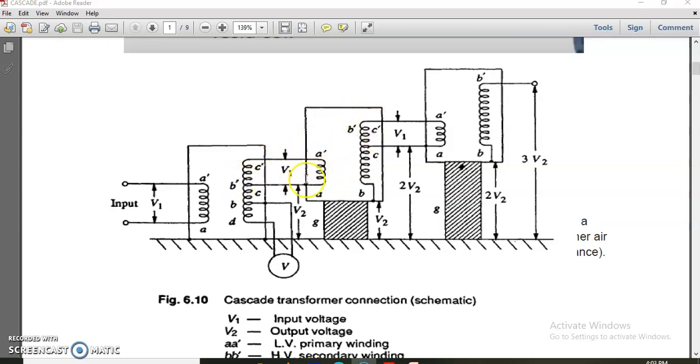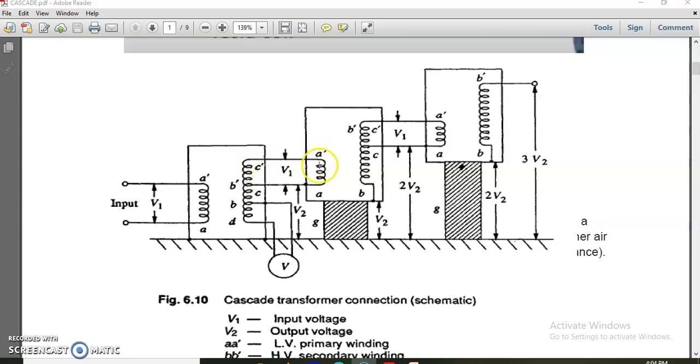The excitation winding of the first transformer is in series with the high voltage winding of the first transformer.